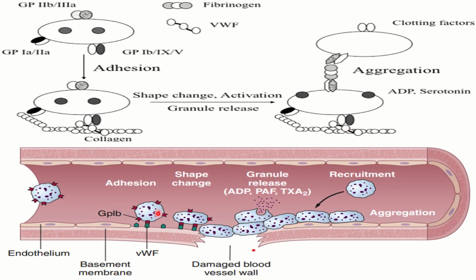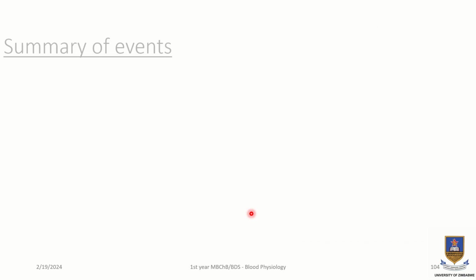A clearer diagram here, they bind here to these collagen and Von Willebrand factors. They release granules ADP, PAF, these platelet factors, and thromboxane A2, right? Which will lead to the recruitment of more and more of these platelets to the damaged blood vessel, right? And to impaired blood flow. It's a temporary platelet plug.